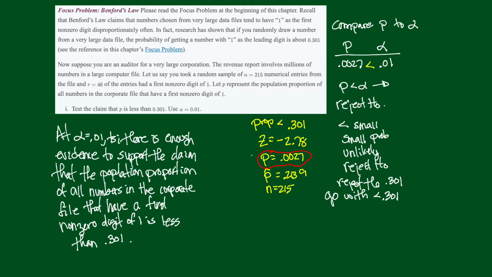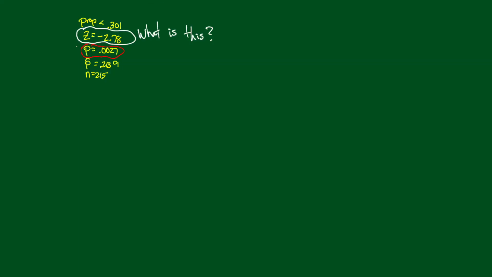Now, we're done with this problem, but if you just need to know what this z is, the calculator is giving us a z. What is that? I'll explain that, it'll just take about a minute. If you do an inverse norm on your calculator, what you get is area, mu and sigma. Now this is a standard normal curve, so mu is 0, sigma is 1.